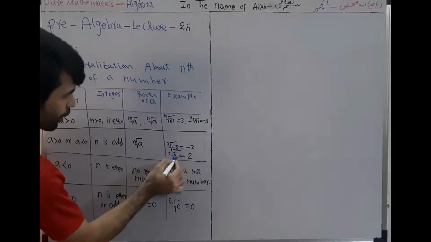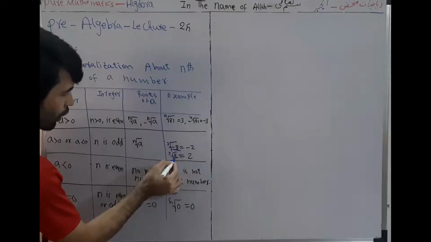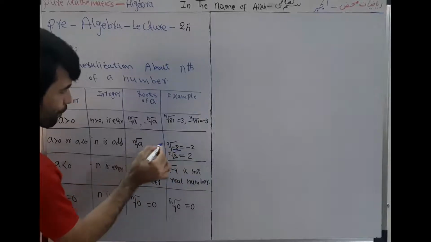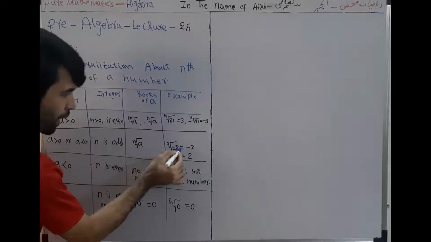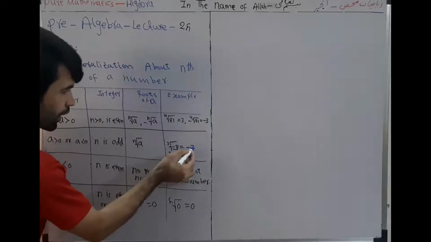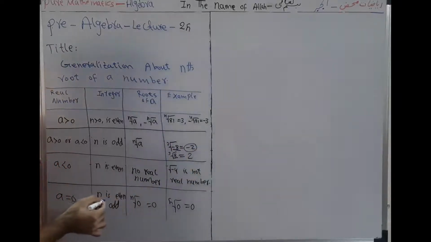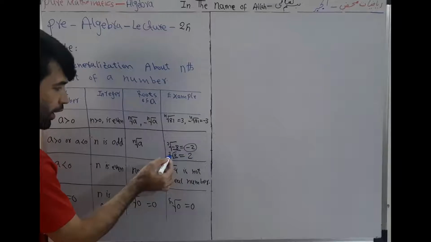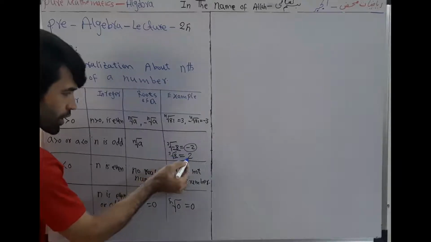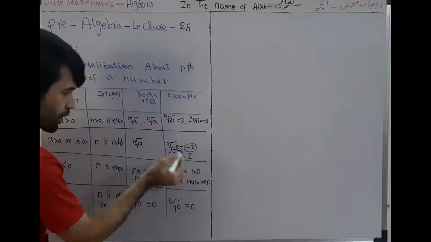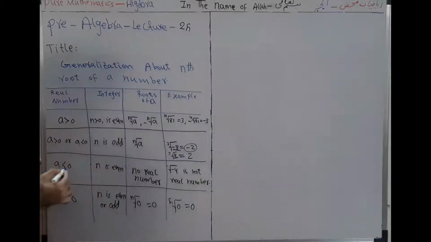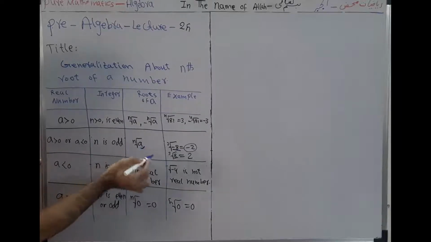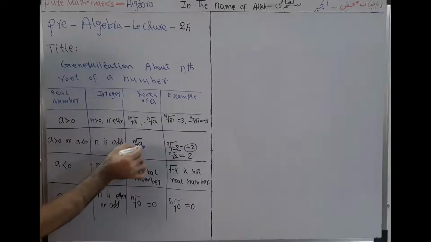Minus 8 is negative, but the index is an odd number, so the root is equal to minus 2. The third root of 8 is positive, equal to plus 2. Whether a is positive or negative, no problem, a can be any number.